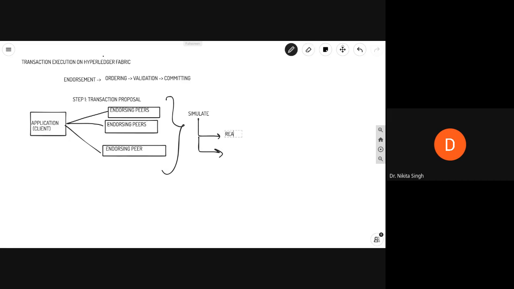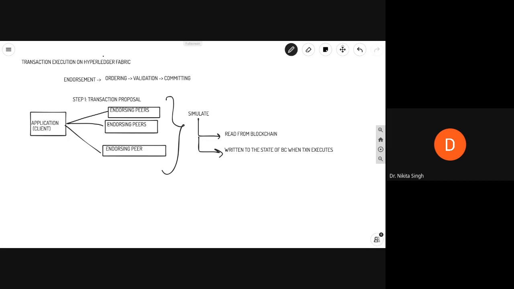It will understand what is read from the blockchain and what will be written to the state of the blockchain when the transaction executes. So this is step 2.